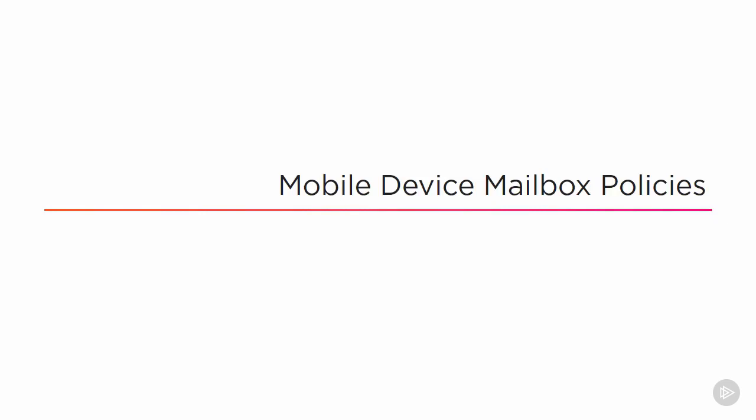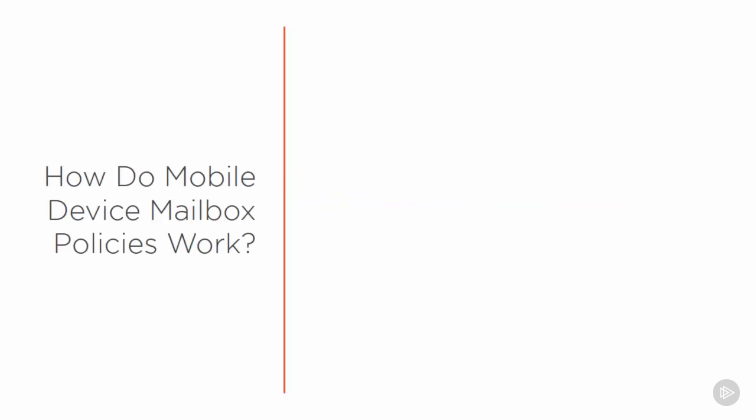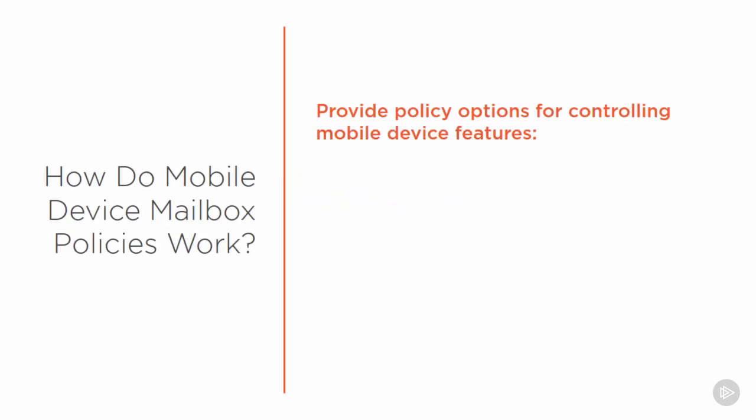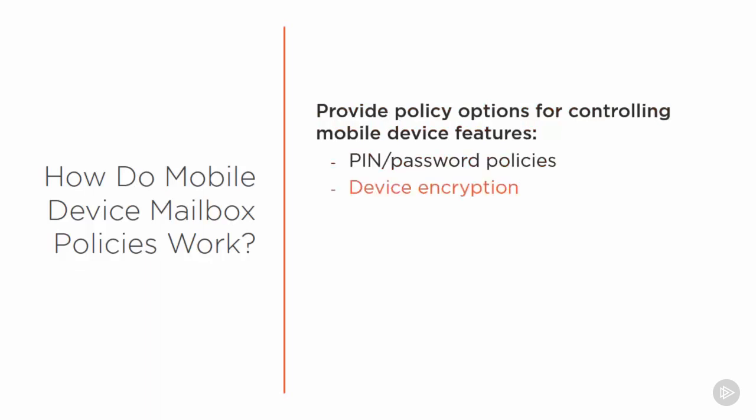After the mobile device has established connectivity to Exchange, the mobile device is assessed for compliance with the mobile device mailbox policies. How do these policies work? Well, they basically provide policy options for controlling mobile device features such as PIN and password policies, device encryption, cameras in smartphones, and some other settings as well.